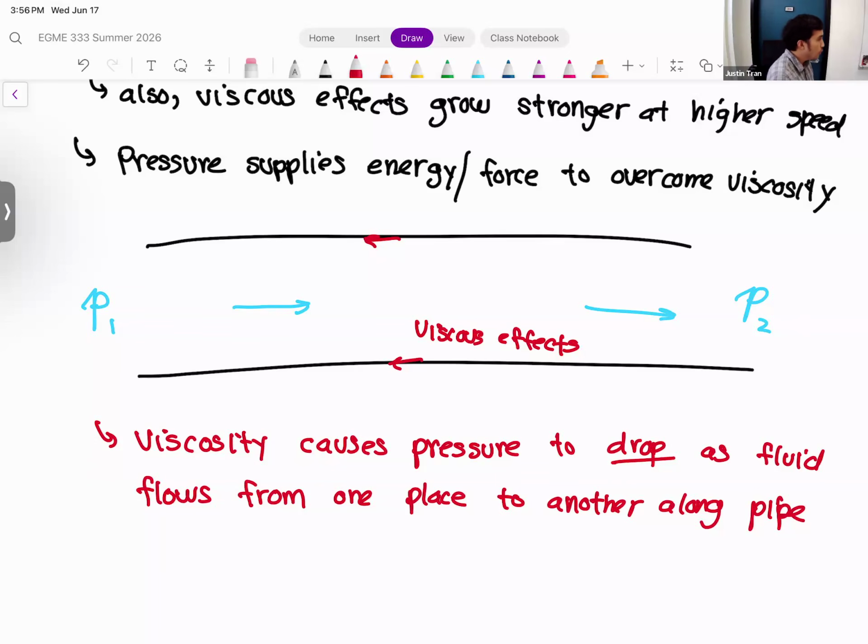Right? So as fluid flows along a pipe, just the presence of viscosity is causing that pressure to drop. Okay. And so in some sense, you can think of measuring how much pressure drops from one end to another as a measure of how much energy it takes to push the fluid through that pipe.